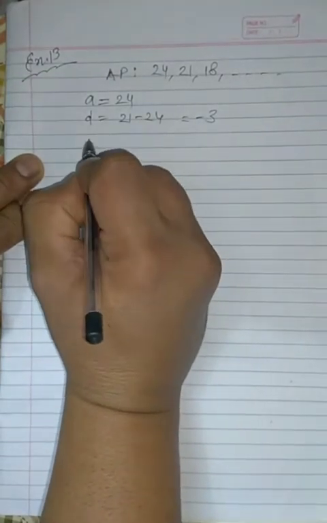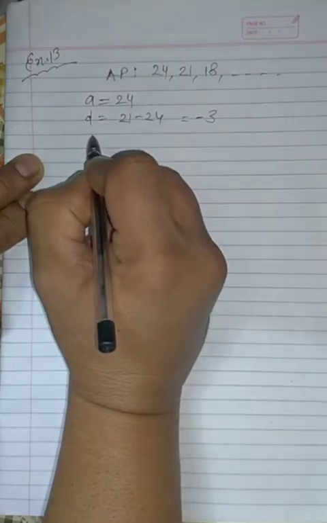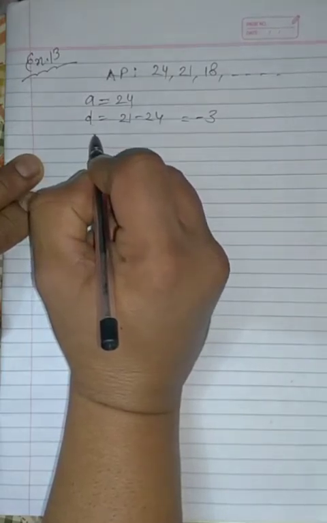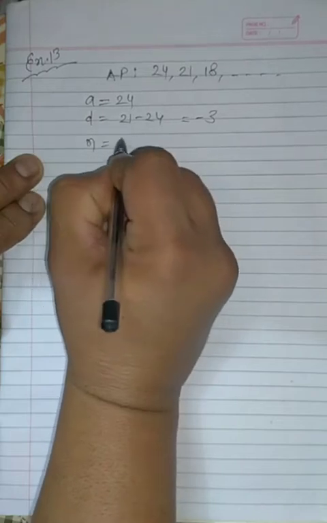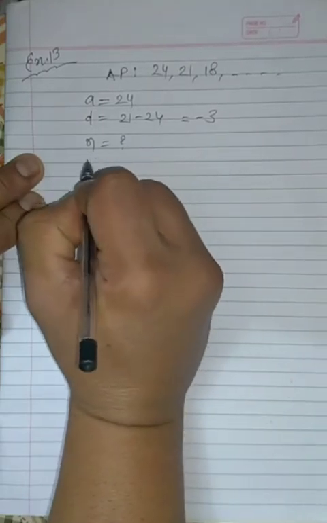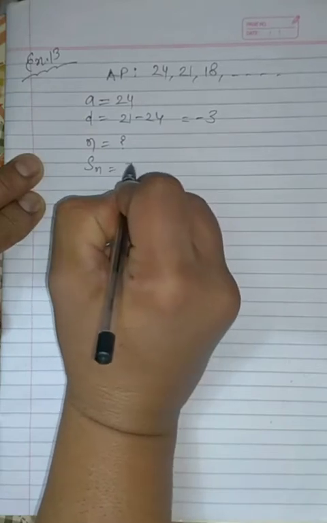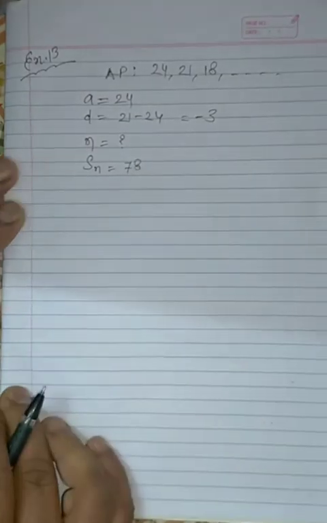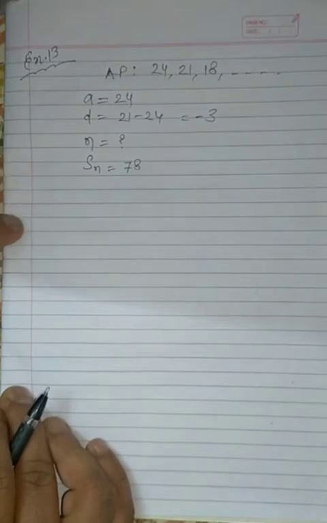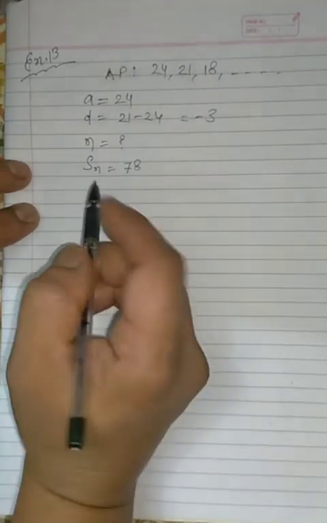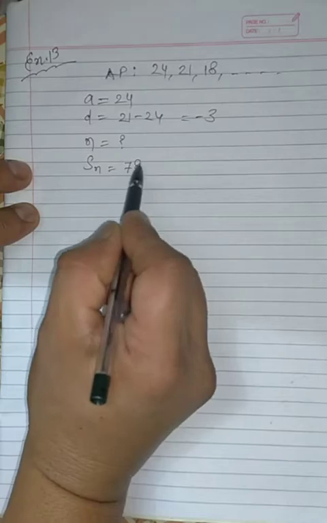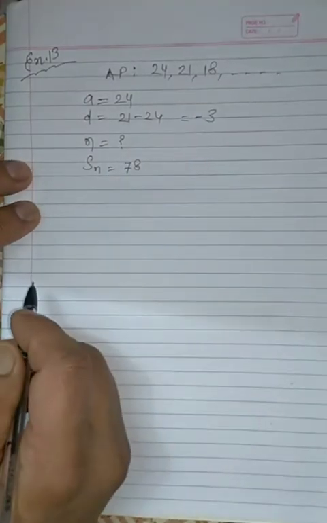And the n number of terms of the AP, if the sum of all the terms is 78, that number of terms we have to find out.